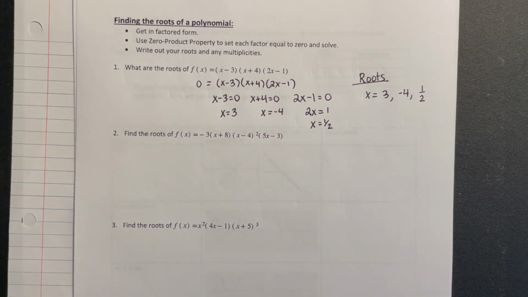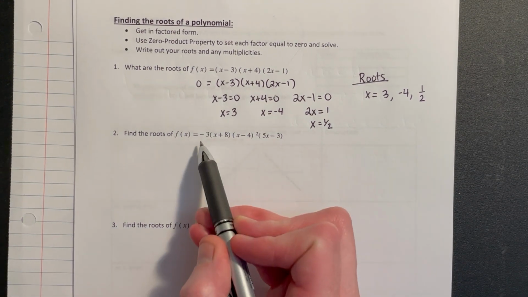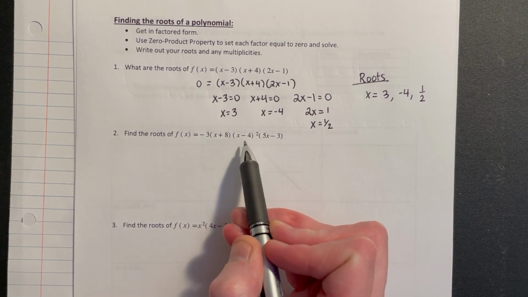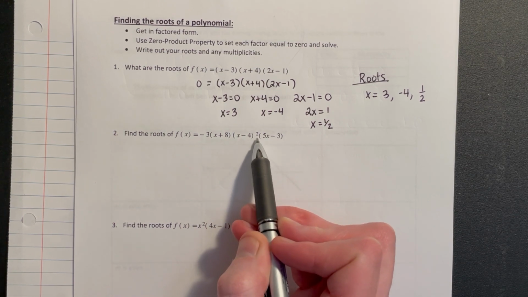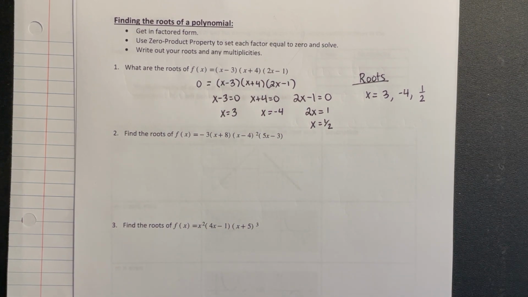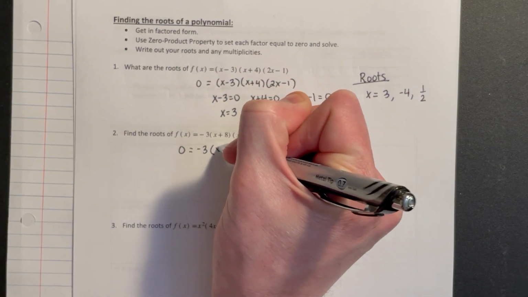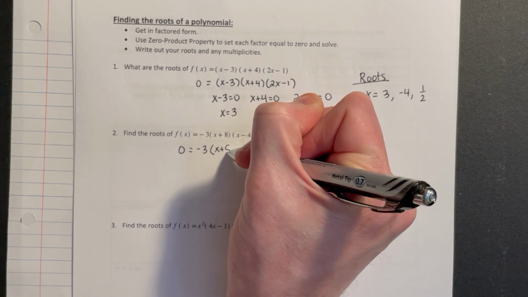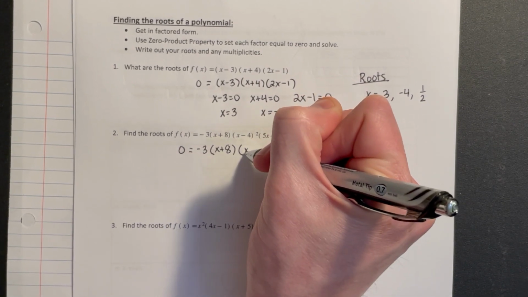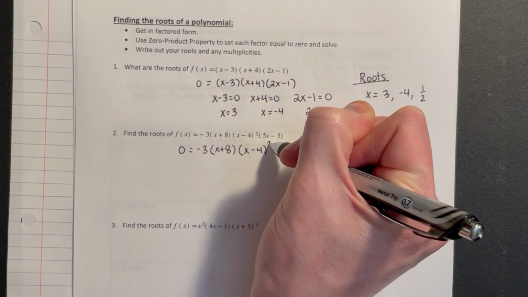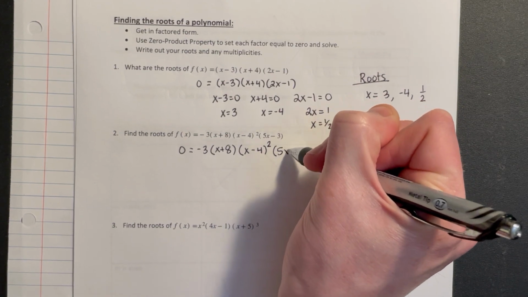If I look at the second one, there's a -3 times x plus 8 times x minus 4 squared times 5x minus 3. Setting this equal to 0, we've got 0 equals -3 times x plus 8 times x minus 4 squared times 5x minus 3.